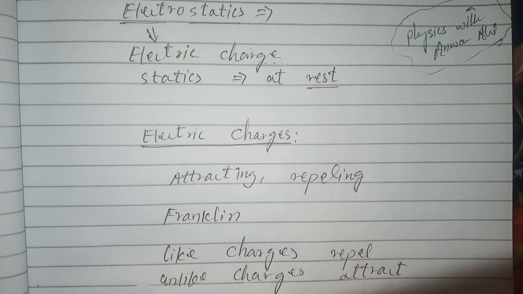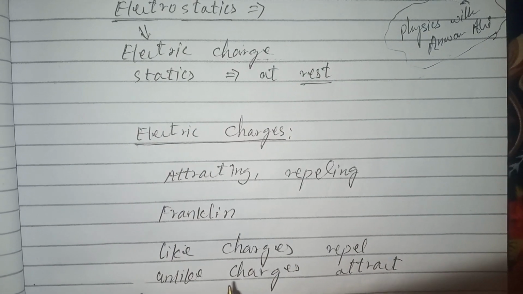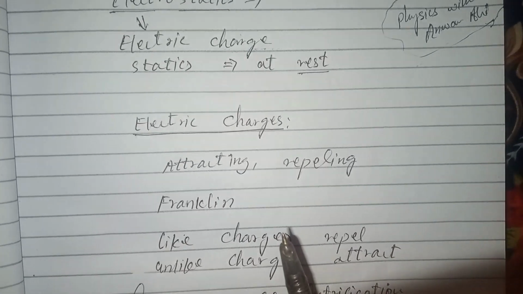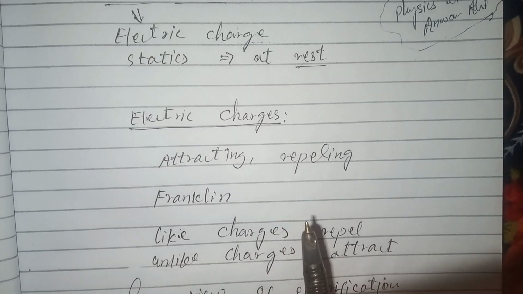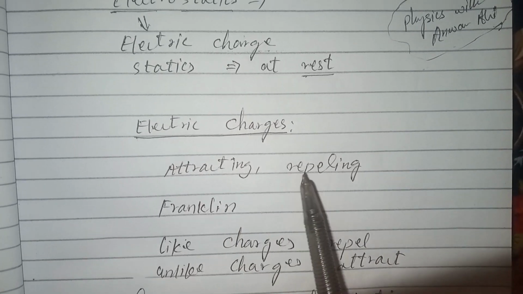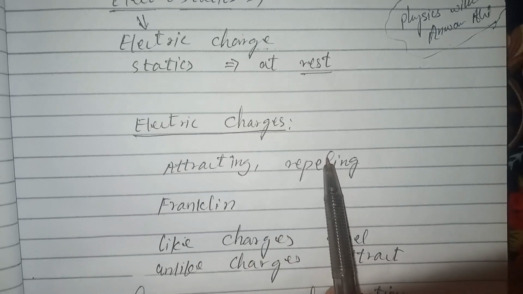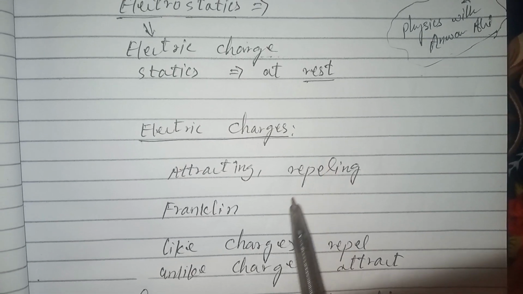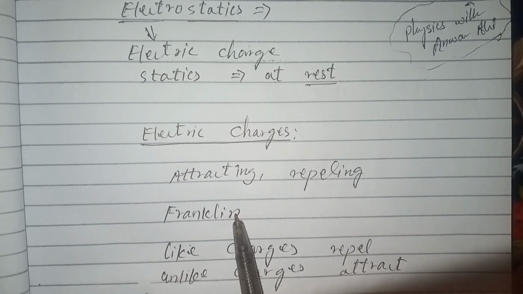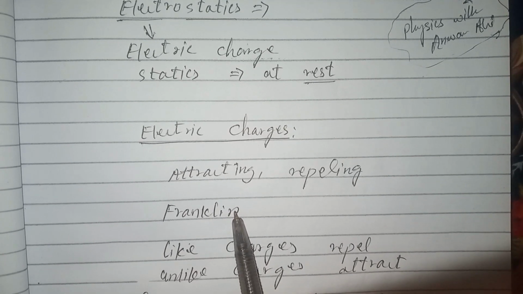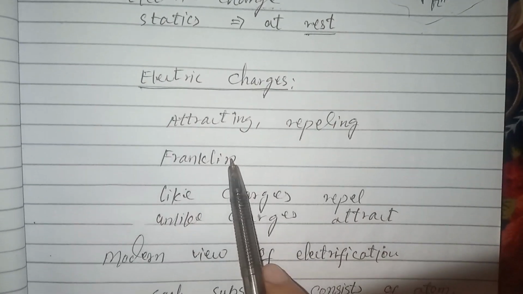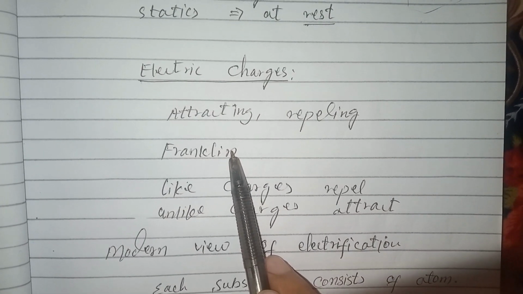In scientific language, we say that the comb, glass rod, and ebonite rod are electrified or charged with electricity. Therefore, they attract or repel each other. Franklin was the first person who gave the name positive charge to the glass rod rubbed with silk and negative charge to the ebonite rod rubbed with flannel.